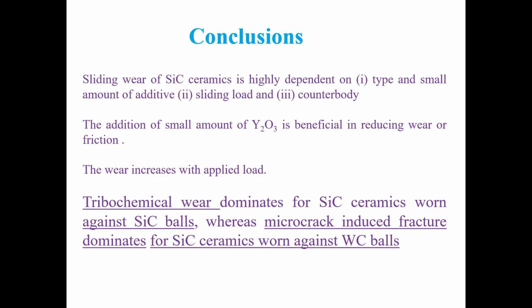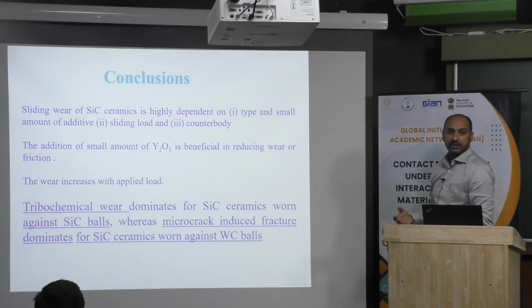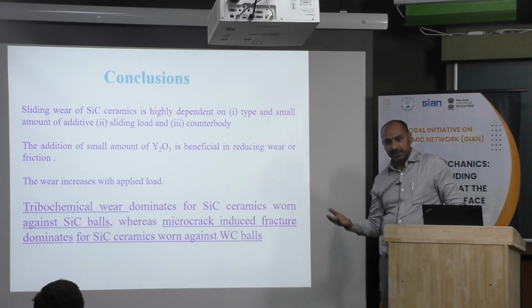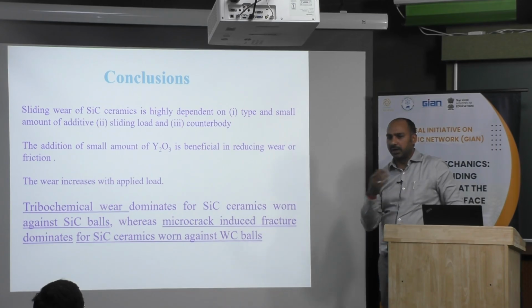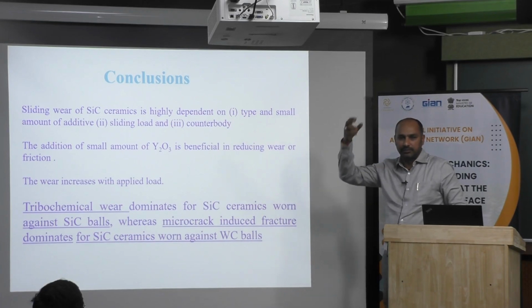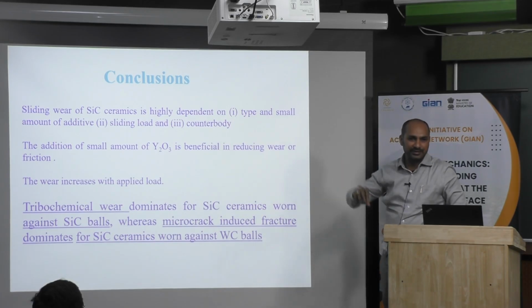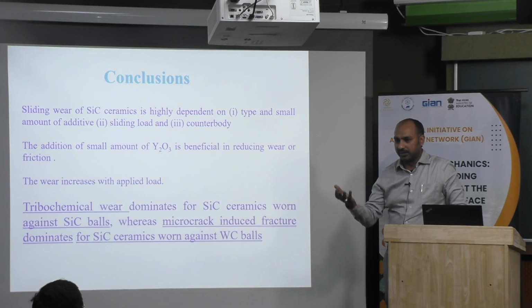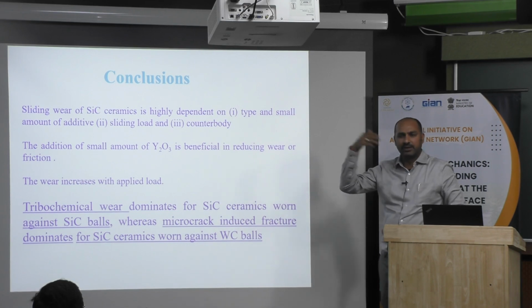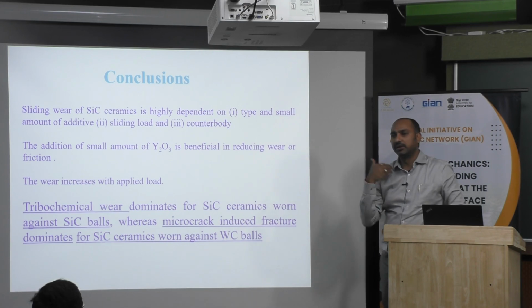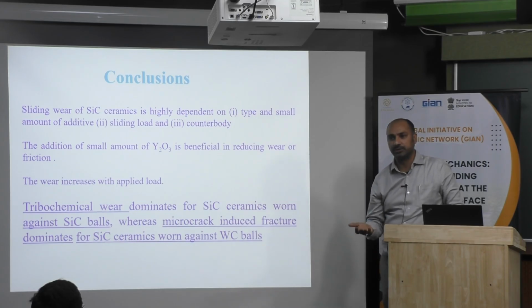It gets affected by the counter body, the sliding load, configuration, temperature, humidity. So we cannot talk only about the amplitude of stress and the load level. It depends on material properties and in what environment and configuration you are using.